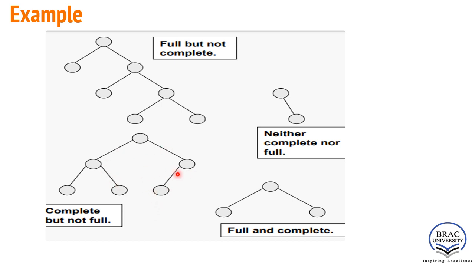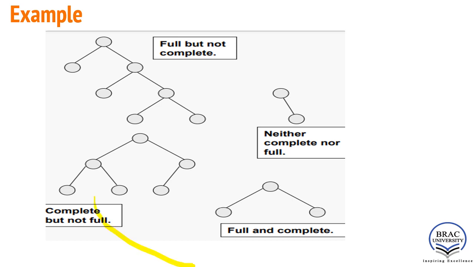That means this is not a full binary tree, but it is a complete binary tree, because level 2 is already full, that is the maximum number of nodes possible in level 2, and in level 3 the nodes are filled from left to right, that is this one and this one.